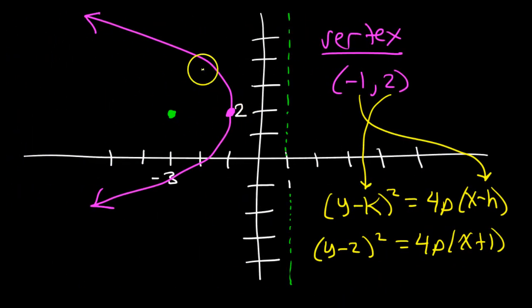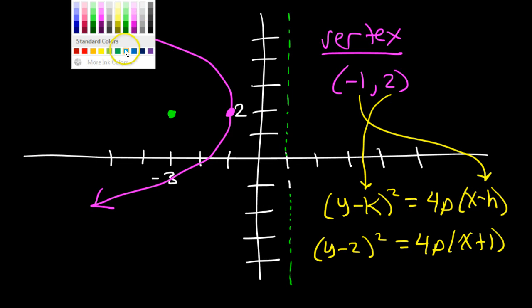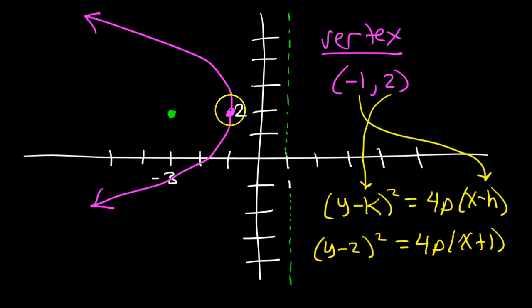We can see that from the picture though, because the p value is always going to be the distance from the vertex to the focus. And if it's going to the left, it's going to be negative. So we can see that the focus is 2 units left. So that's why p is equal to -2. So if I substitute a -2 in for p, then I'm going to have a -8.